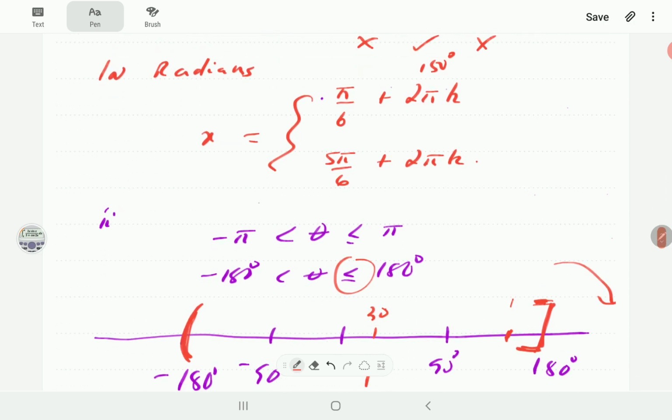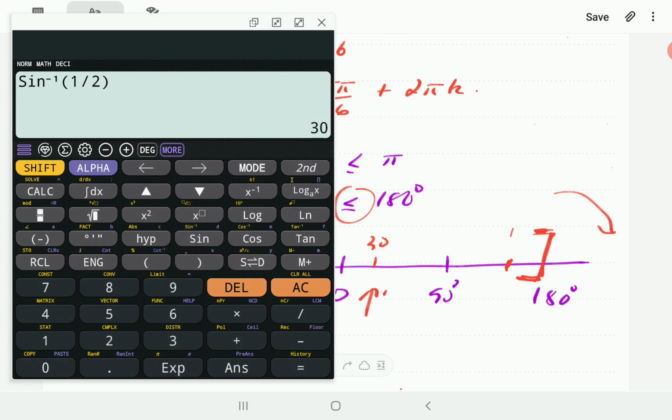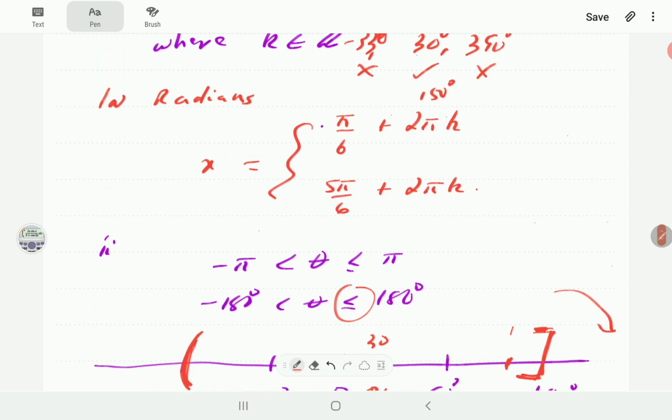Then when k is -1, 150 minus 360 is -210. Well, -210 is going to be somewhere this side. So again, 150 is the only value.